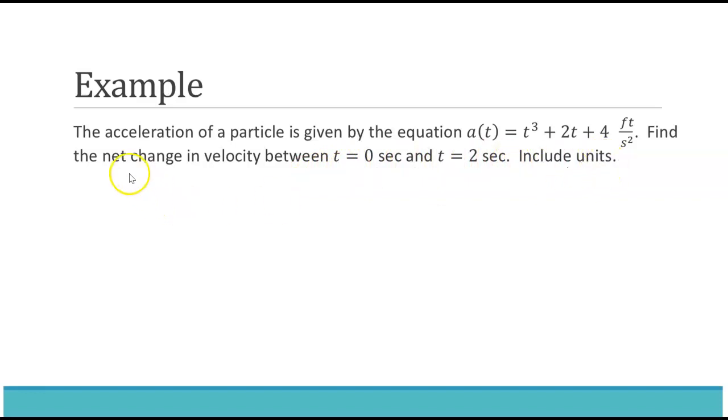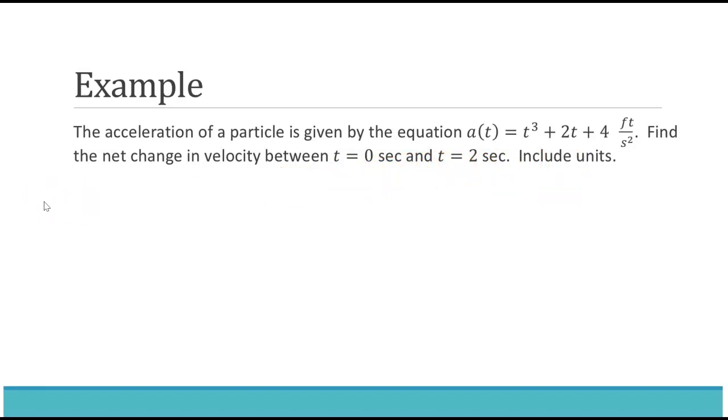So here we're being asked for the net change in velocity, and we were given acceleration. So when we integrate acceleration, we are going to get velocity. And so when we integrate from 0 to 2, we're going to get that net change in velocity over that time interval from 0 to 2 seconds.